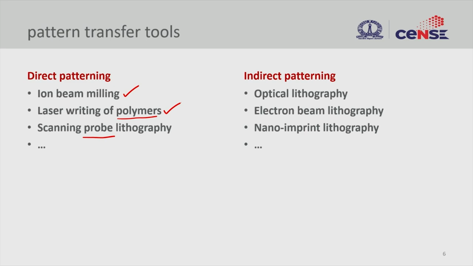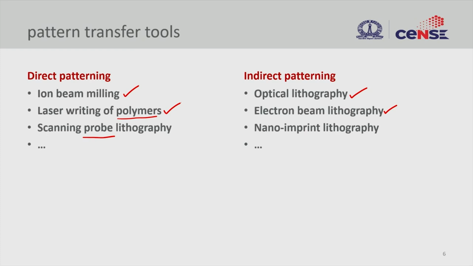In direct transfer, as I mentioned, we use optical lithography. This is predominantly used in industry for pattern transfer. Electron beam lithography is primarily used in R&D, but is now being explored for next generation lithography, even in high volume manufacturing. Nano imprint lithography, right?